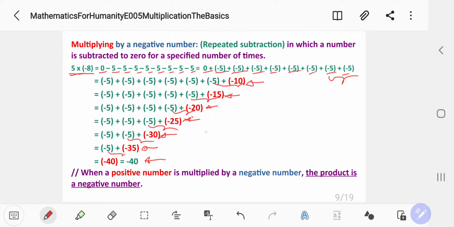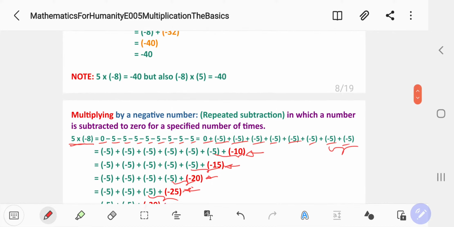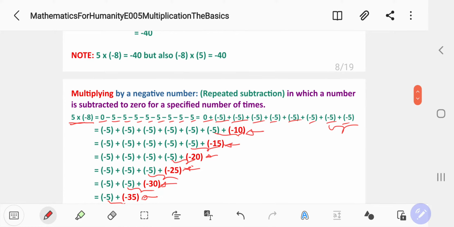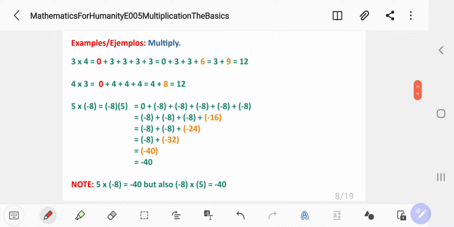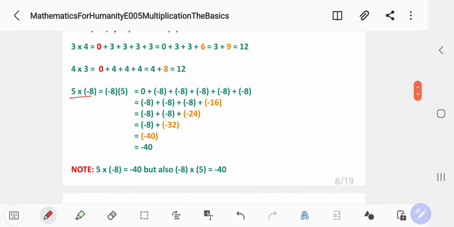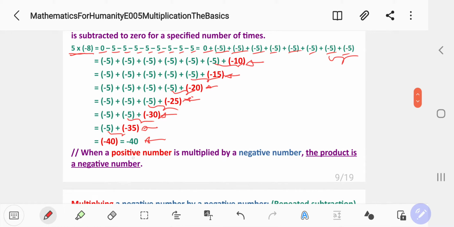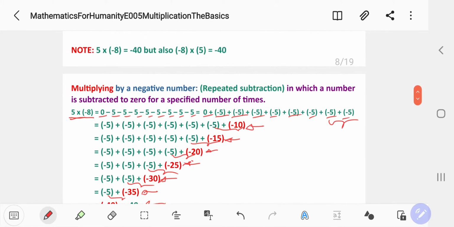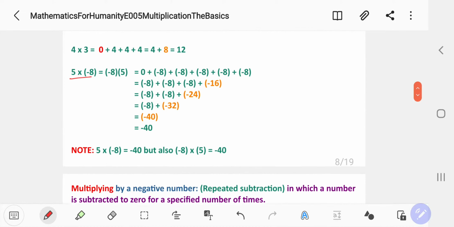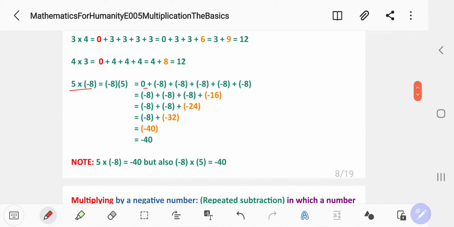So here you have the other way of doing this. It's still the same. This means that you can do repeated subtraction or repeated addition.